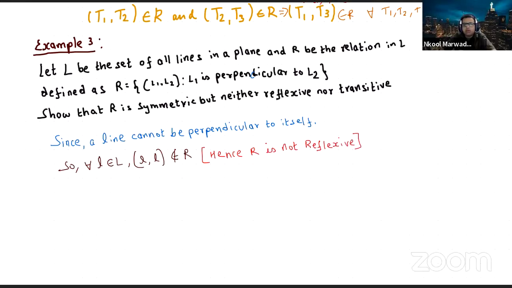So for all small l belonging to the set capital L, which is the set of lines, the ordered pair L comma L does not belong to R because any line cannot be perpendicular to itself. That's why L comma L will not belong to R, and hence R is not reflexive.